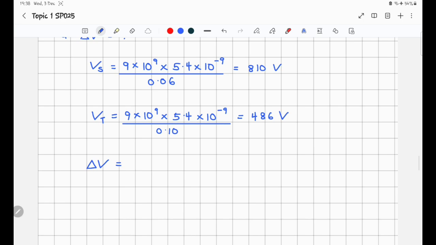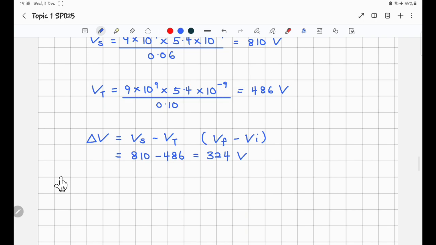Therefore, to get the potential difference, I will use Vs minus Vt, as in V final minus V initial. So we will have 810 minus 486, so our potential difference will be equivalent to 324 volt.